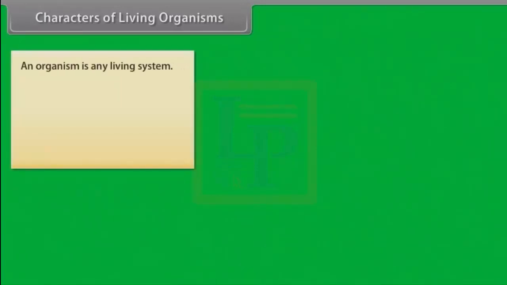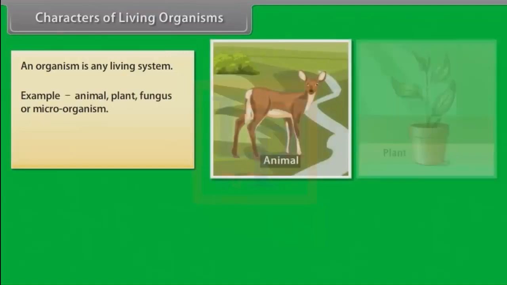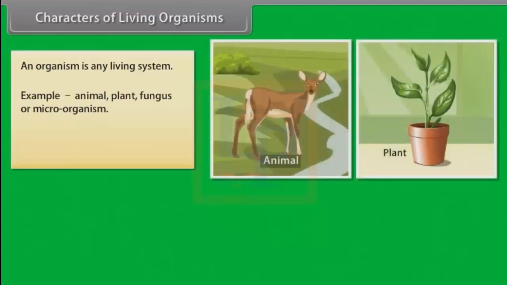Characters of living organisms. An organism is any living system. Example: animal, plant, fungus, or microorganism. All the living things are called organisms.